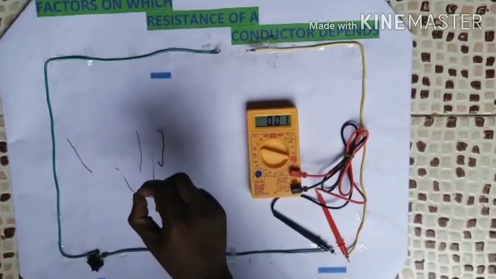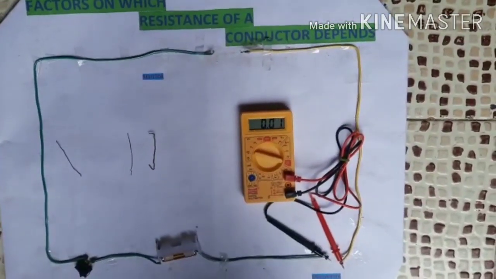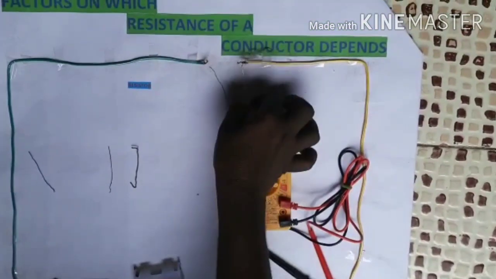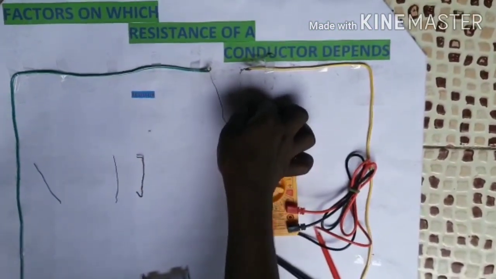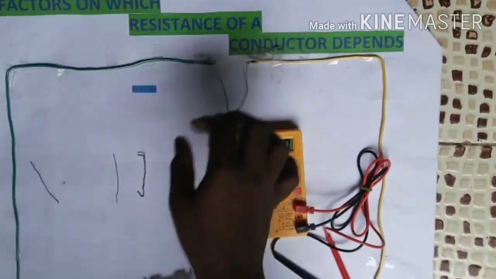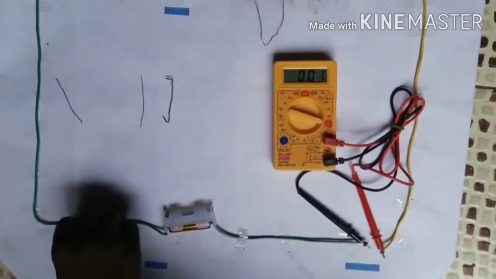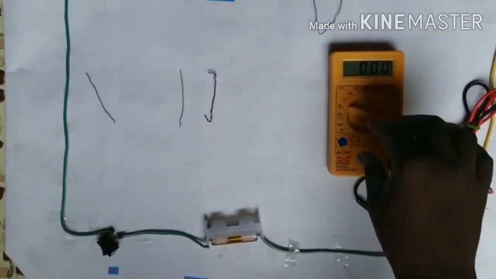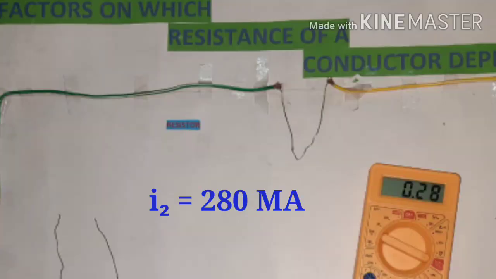Now connect the nichrome wire with length 2L and diameter D. Switch on the key and note down the multimeter reading. The multimeter reading is 280 milliamps. We can say it as I2 is equal to 280 milliamps.